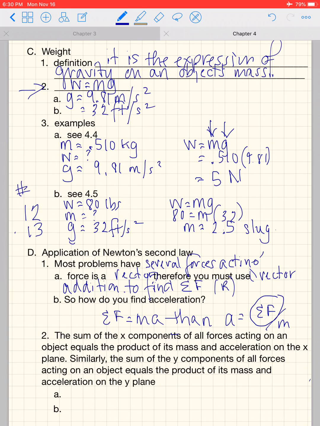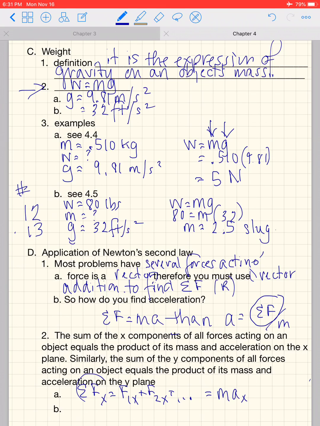Now, let's put this into an equation so it makes a little bit more sense to you. So I have sigma F sub x is equal to F sub 1x, this is going to look familiar, plus F sub 2x, plus dot, dot, dot, and now I'm not just finding sigma F sub x. In the past, that was all we did. But now that sum is equal to m a sub x.